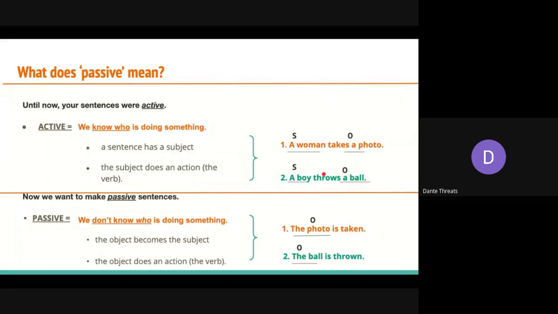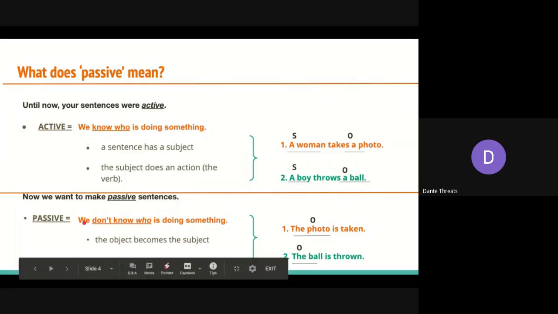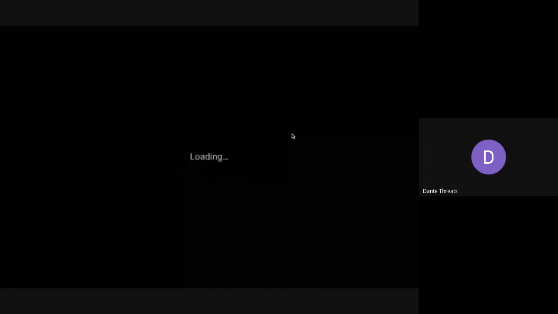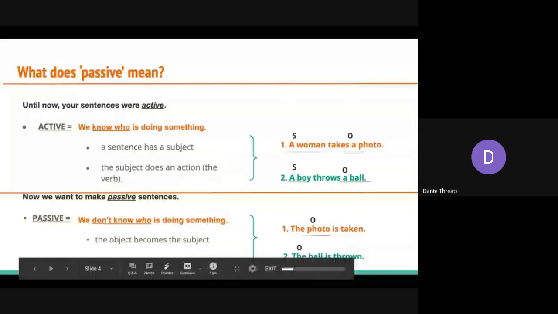So now, since we are talking about passive, we want to make it passive. And what does that mean? It means that we don't know who is doing something, all right? So the object becomes the subject, as in photo is taken, right?